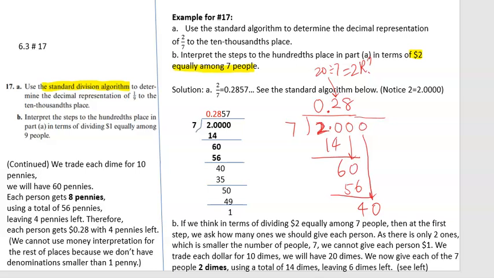To calculate the remainder, we have to do multiplication. This part, 14, is the multiplication, 7 times 2. Then we did a subtraction here. And this 0, we brought it down.